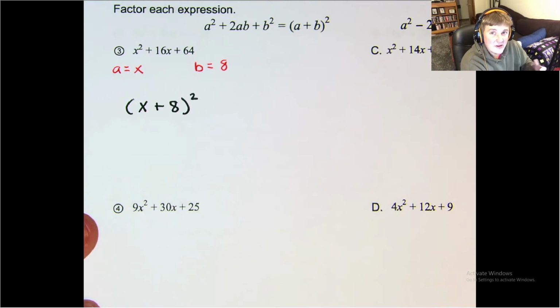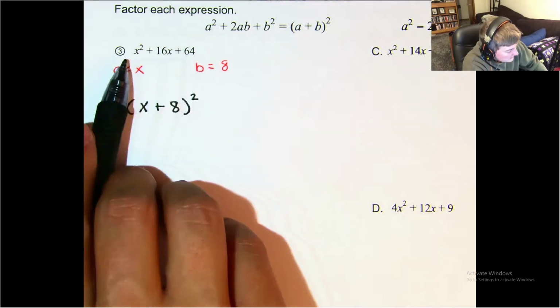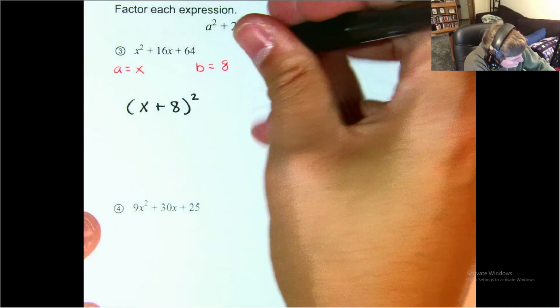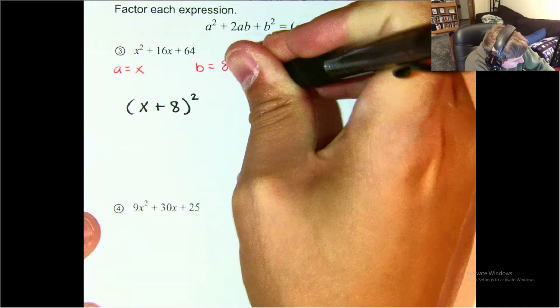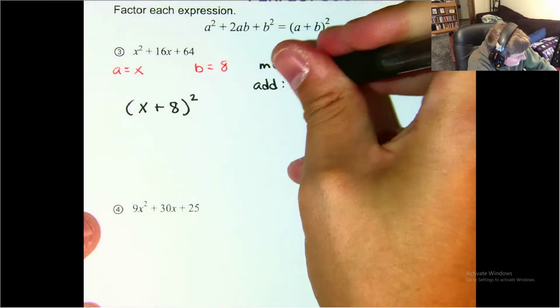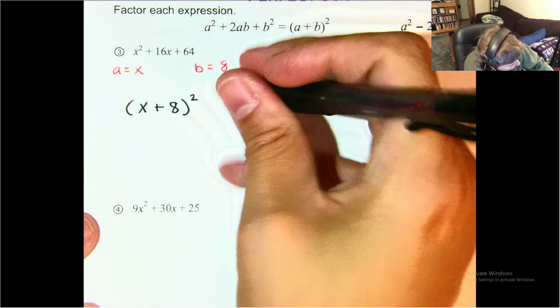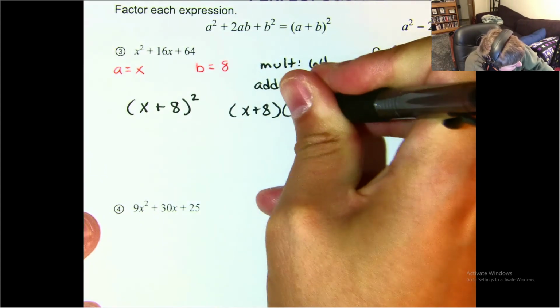Okay, there is always a backup plan. So let's say this pattern is difficult for you and you're not quite seeing it. All of these problems can be factored the exact same way that you factored anything in the past. For example, this has 3 terms. My a value is 1, so I'm just looking for numbers that multiply to 64 but add to 16. So it turns out that is x plus 8 and x plus 8.